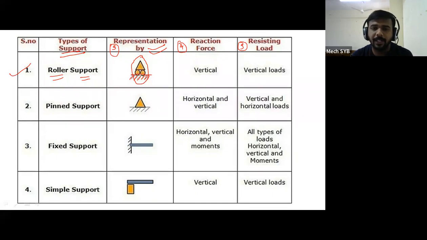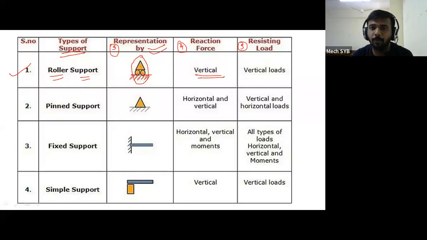Here, this roller support indicates it has only one reaction. So if a roller support is given in your beam, then it has only one reaction, and it is in the vertical direction. In column number 4 and column number 5 they have given the explanation of the roller support.